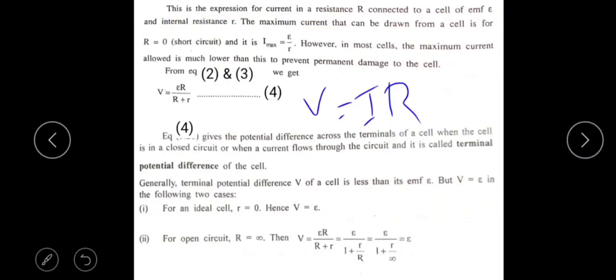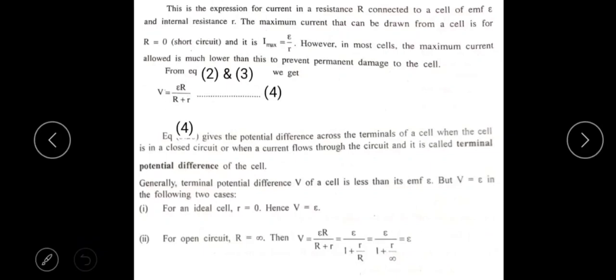Then in this equation V is equal to I value, E by R plus r, then capital R kept as it is. This is equation number 4. This is the expression for potential difference.